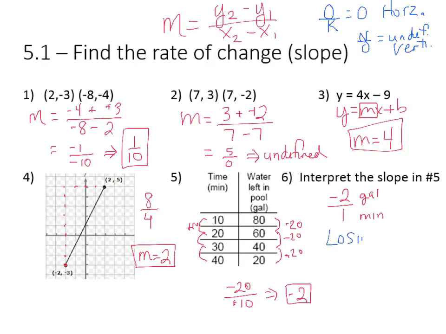And that's what you would write, losing water, and it's your rate of change, 2 gallons a minute. Notice I did not put -2 because I used the word losing, and that implies the negative. There's other ways to write that, but that's how I would write it.